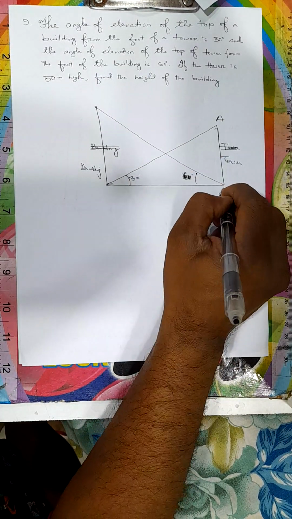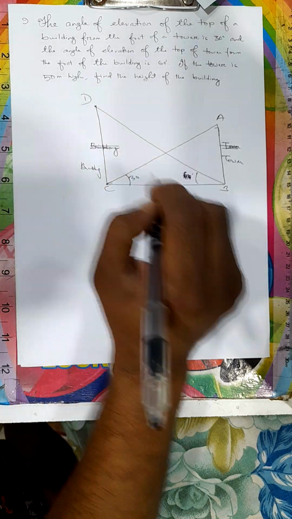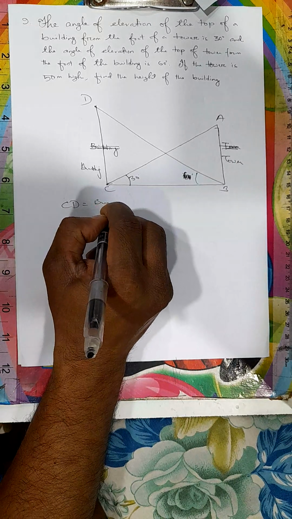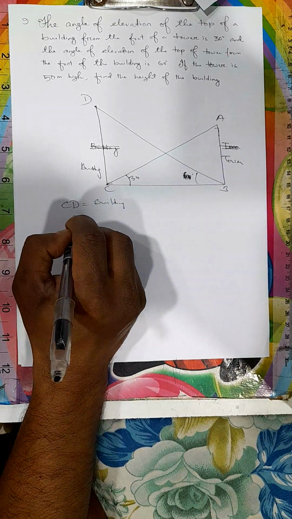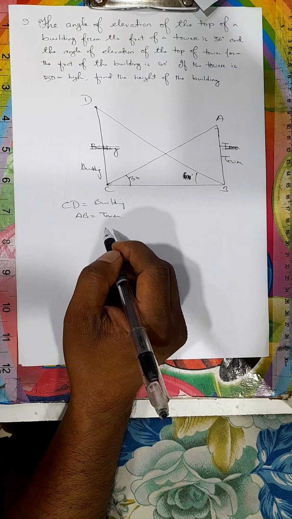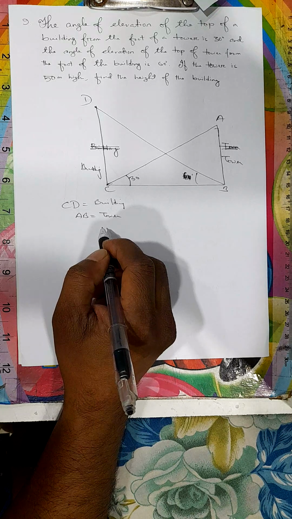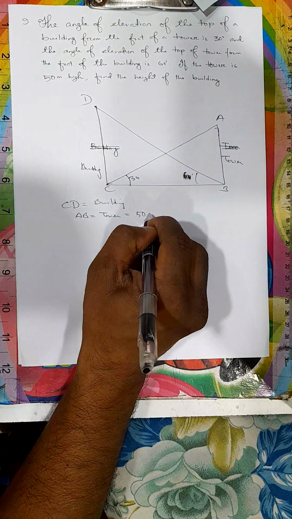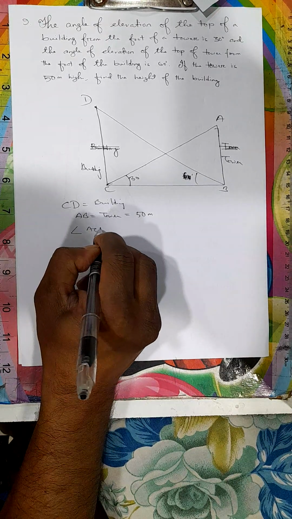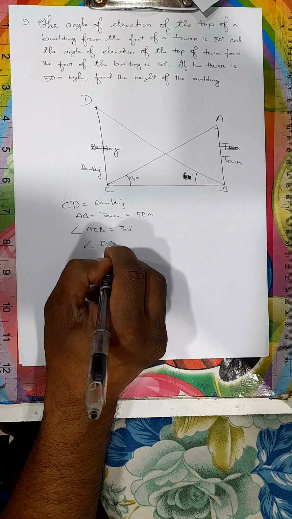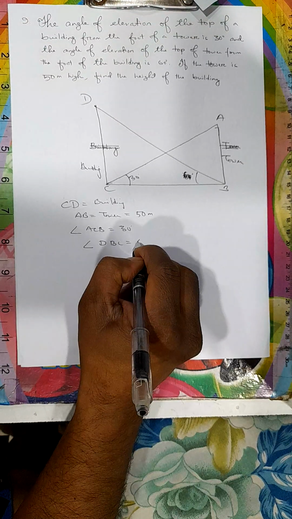So it is A, B, C and D. So CD equal to building and AB equal to tower, height of the tower. Tower is 50 meters high. So AB equal to 50 meters. Angle ACB equal to 30 degrees. Angle DBC equal to 60 degrees.